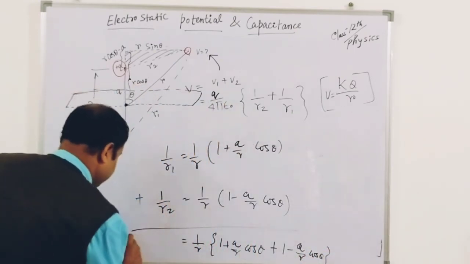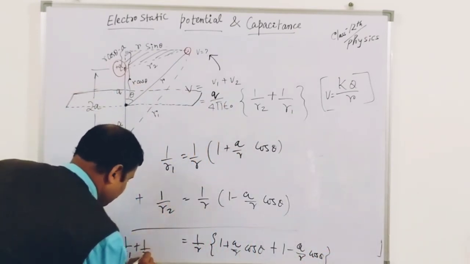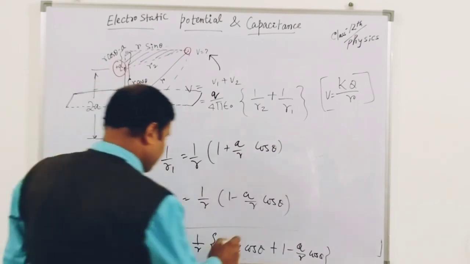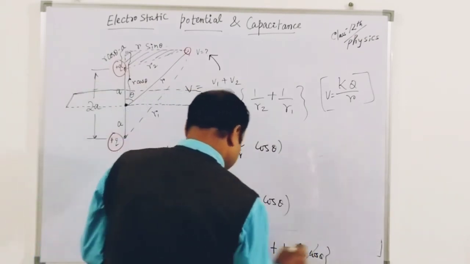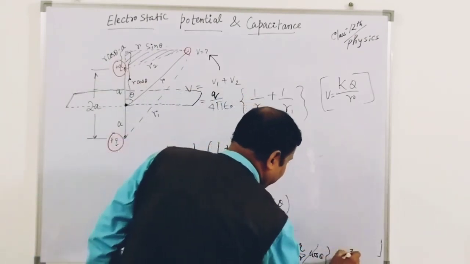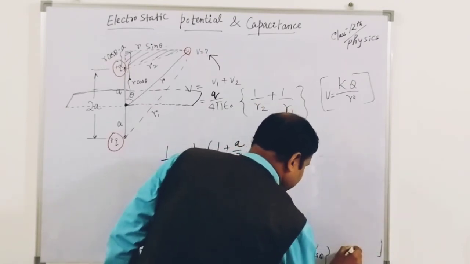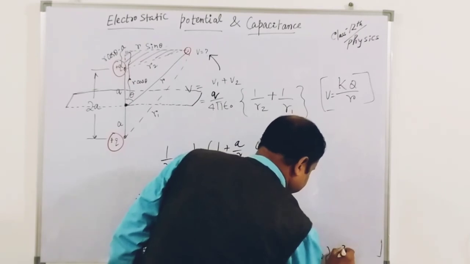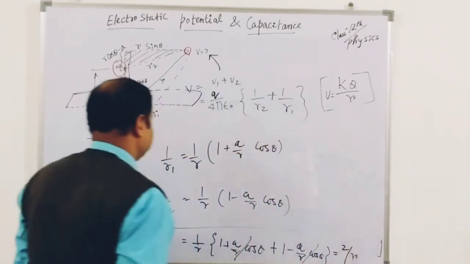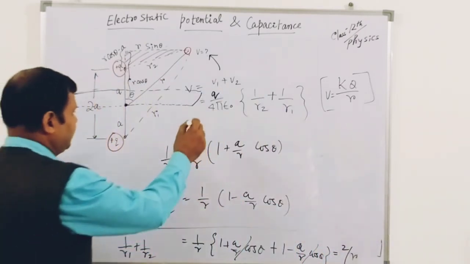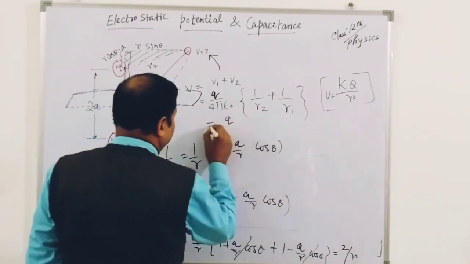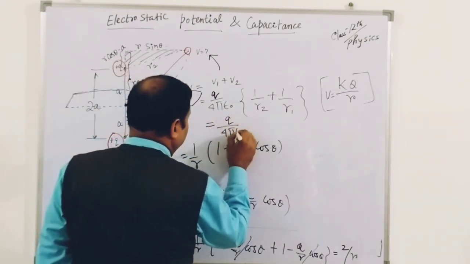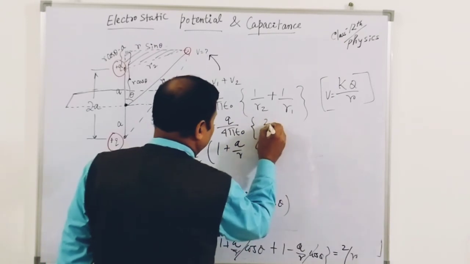So what will happen is, this is 1 by r1 plus 1 by r2. The cos theta terms cancel, and this is nothing but 2 by r. This will come to 2 by r. So if you replace this, it will be q by 4 pi epsilon naught times 2 by r.